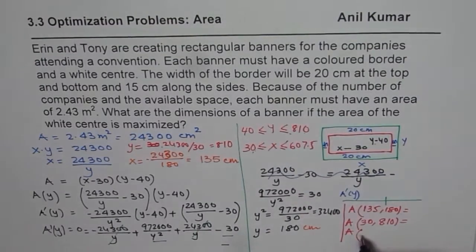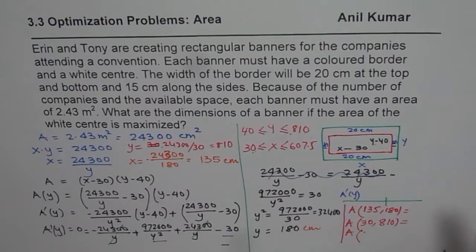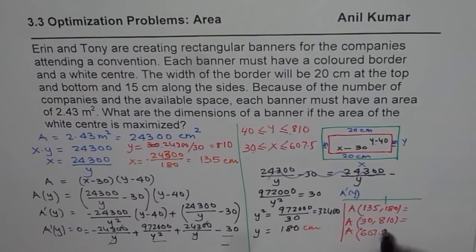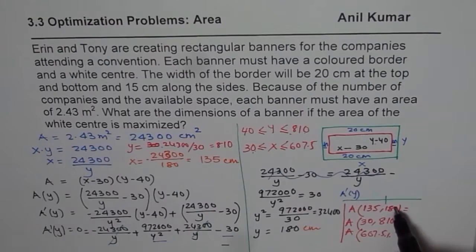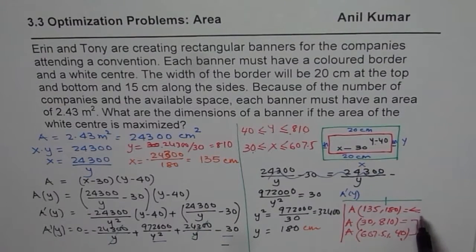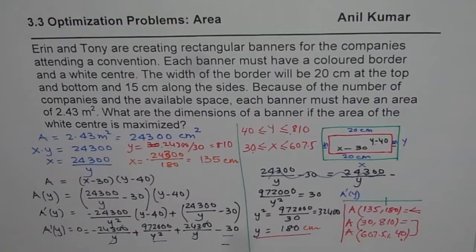So you can check the area for the x value of 607.5 and y value of 40. So these are your boundary conditions. You get the point. Check these values for the boundary conditions and for this particular value and compare which one is the highest. You'll find that the one we calculated is the highest, and therefore that gives you the maximum area.